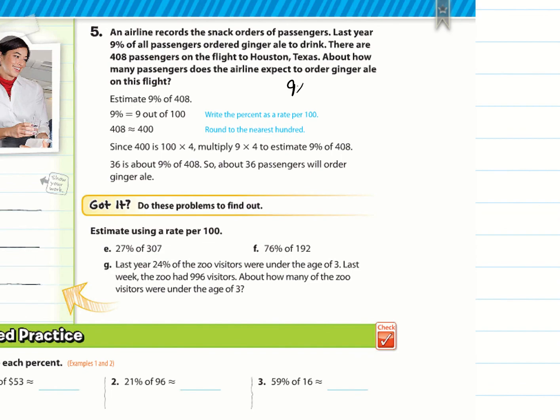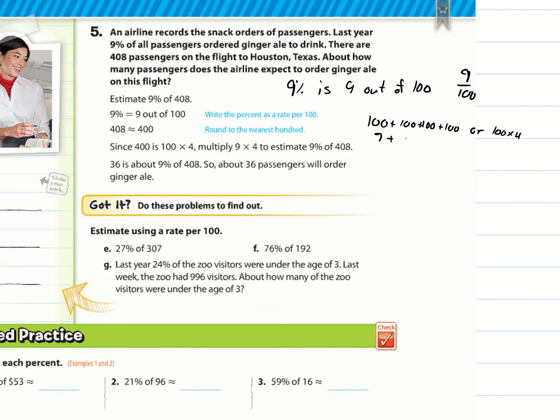So remember using unit rates of 100, so 9% is 9 out of 100. Because, the fraction 9 out of 100. So if we estimate 408 to 400, that's 100 plus 100 plus 100 plus 100, or 100 times 4, we can do the same with 9.